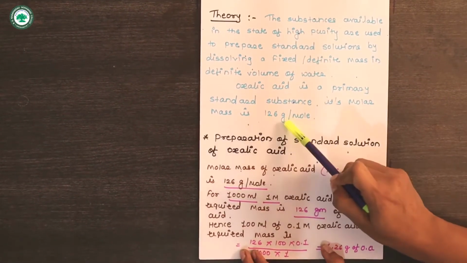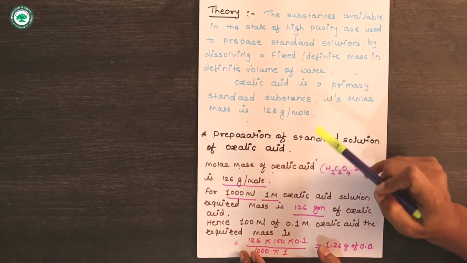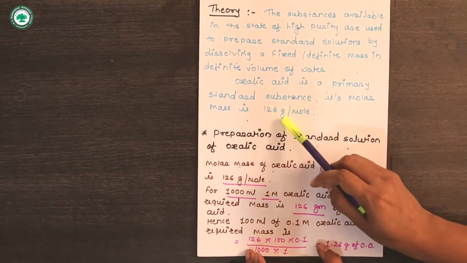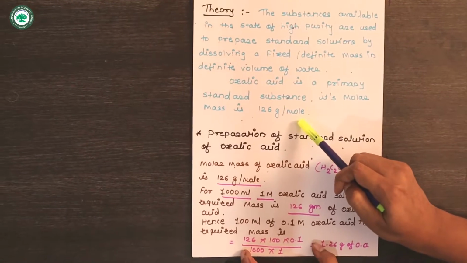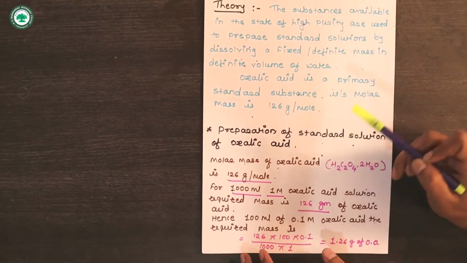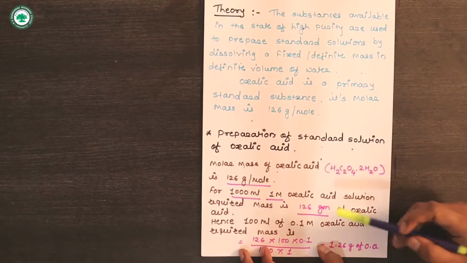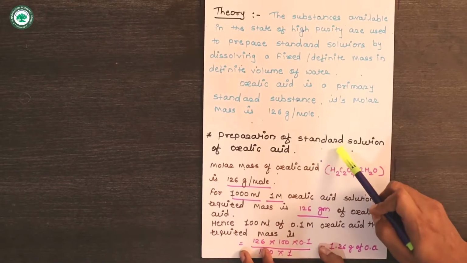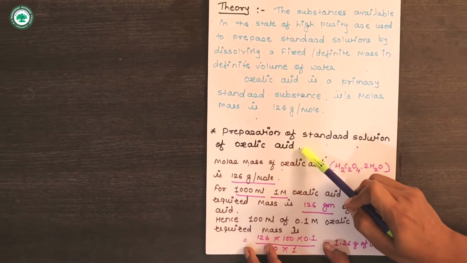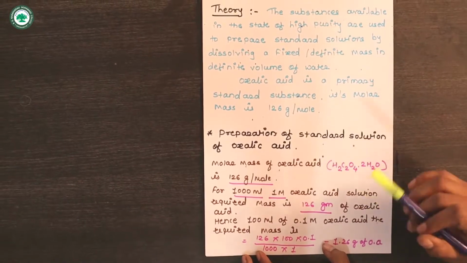Its molar mass is 126 gram per mole. Now the next point in this practical is preparation of standard solution of oxalic acid.